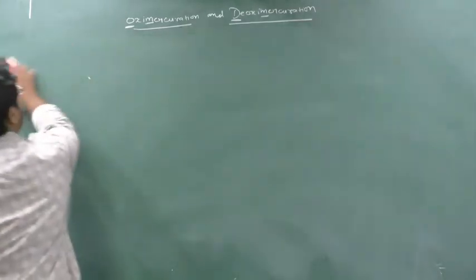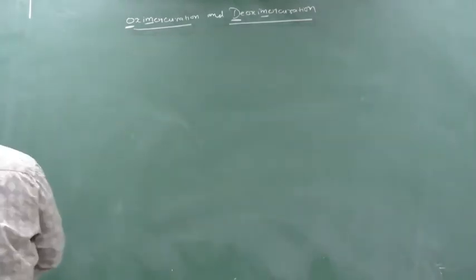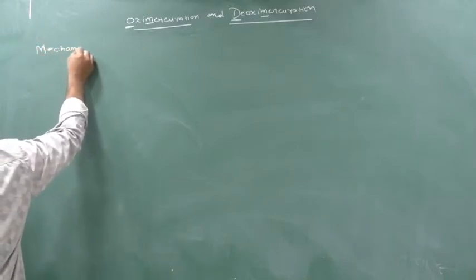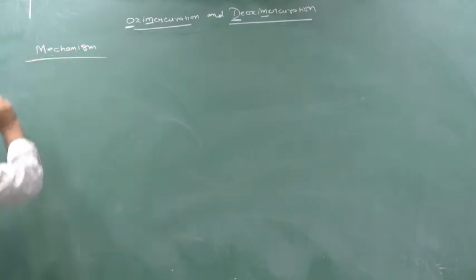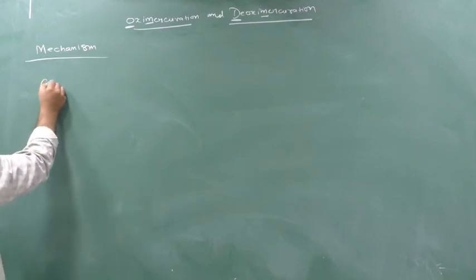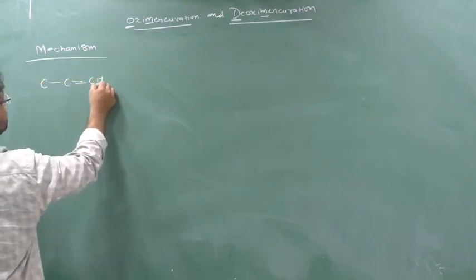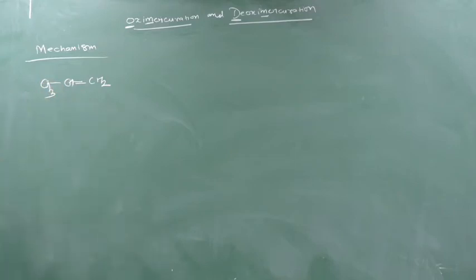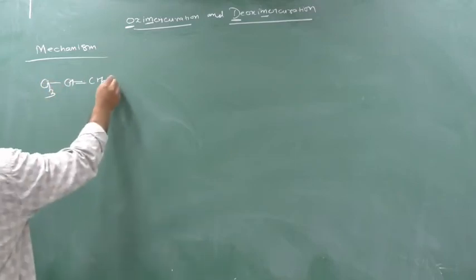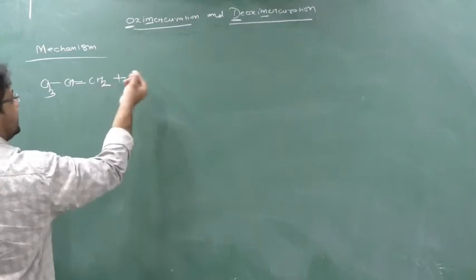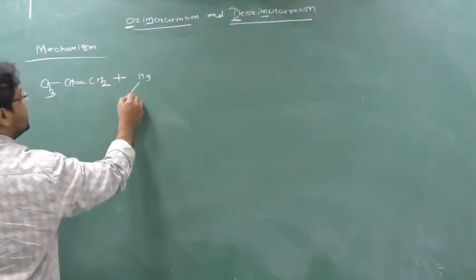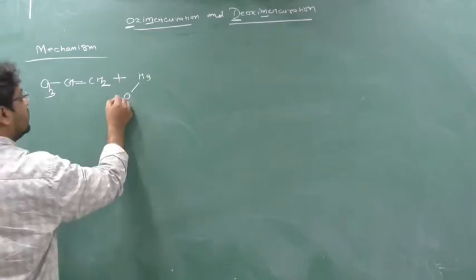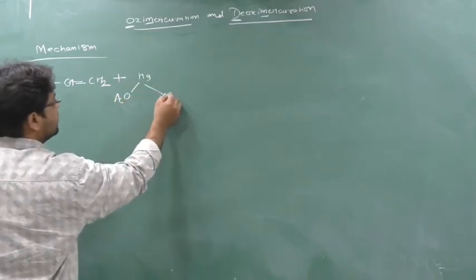So write down the mechanism. So in the mechanism, in the first step we will take an unsymmetrical alkene. So this is CH2, this is H, and this is CH3. Now same, I will take mercuric acetate also, so Hg(OAc), here also OAc.